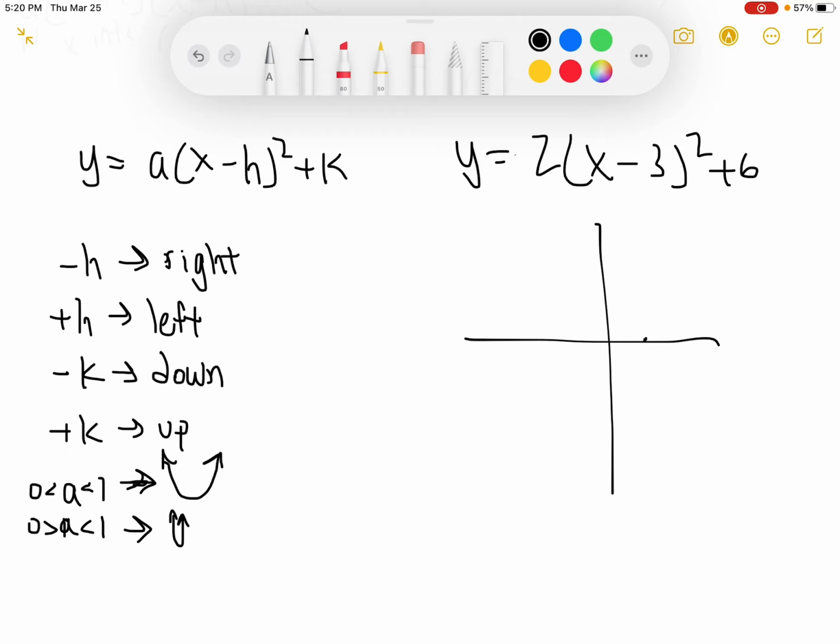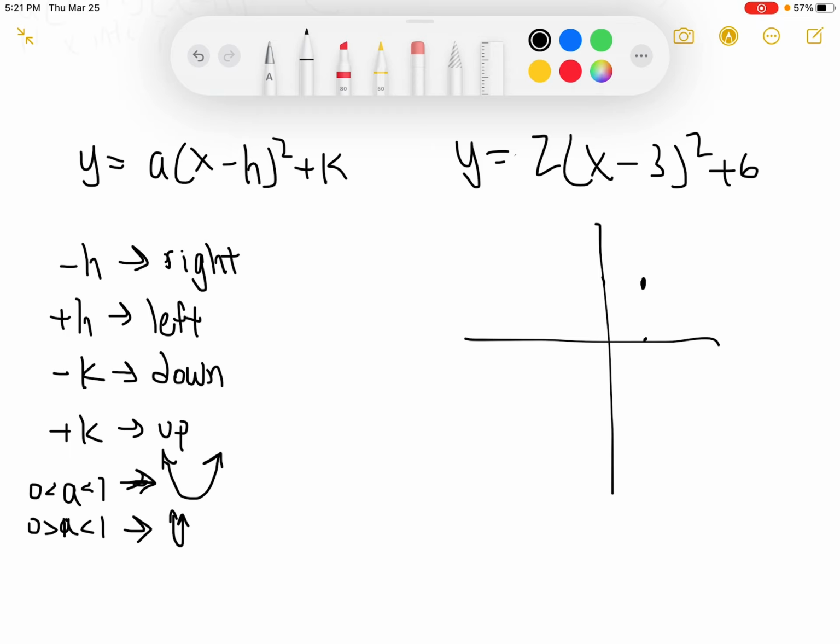What am I thinking? That's the vertex. But at least we know that it's going to go to the right 3. We're basically just thinking of the vertex. Then this means that it's going to go up 6. Up 6. So that means it's right here. This is the vertex, 3, 6.